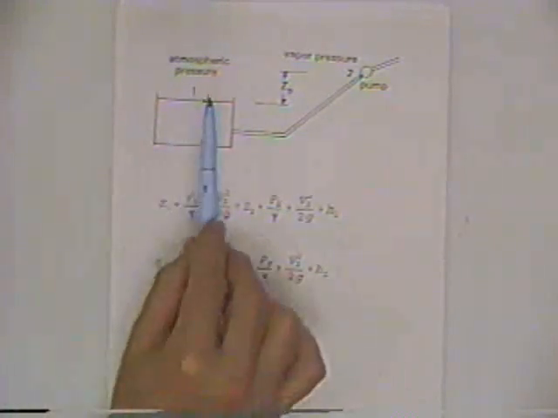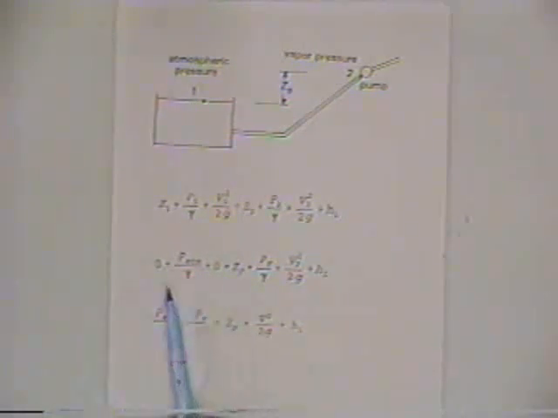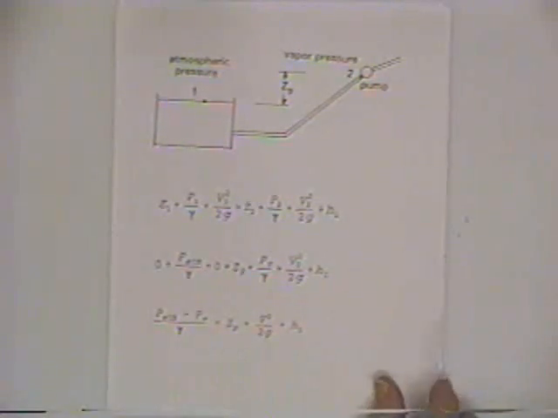You're going to be setting points 1 and 2 on purpose so that you can plug in zeros for the elevation head and the velocity head, and you're going to have these terms, and it's always going to come out to this expression. Of course, the numbers will vary depending on the problem.